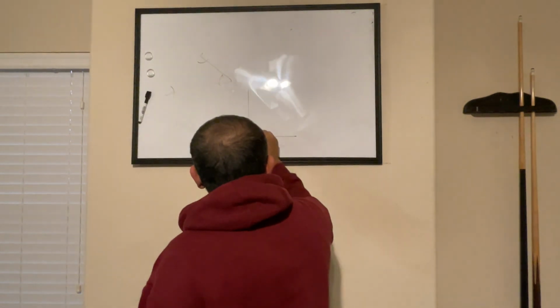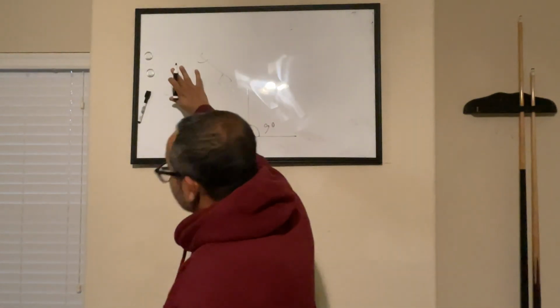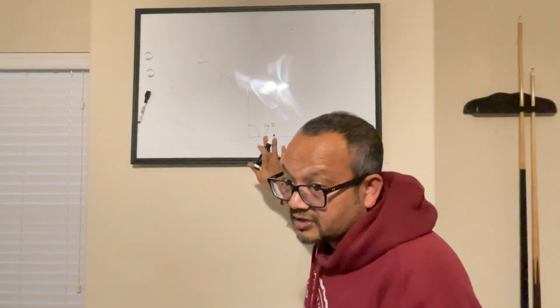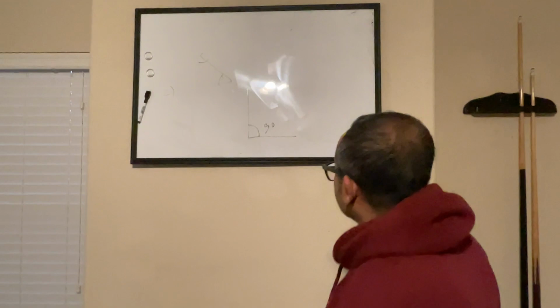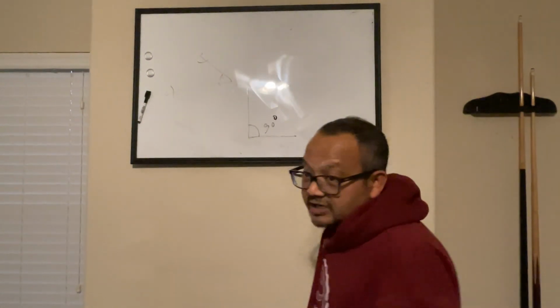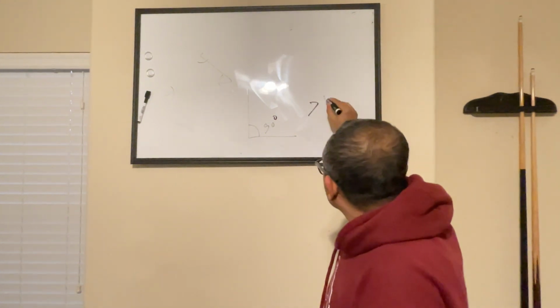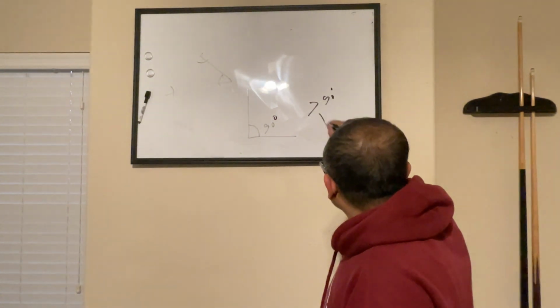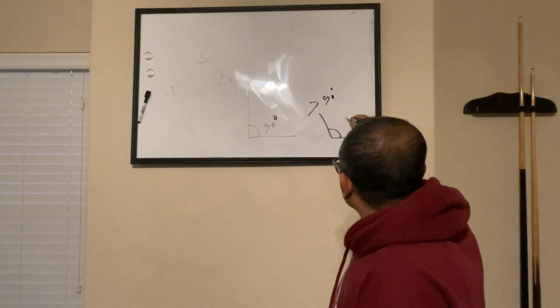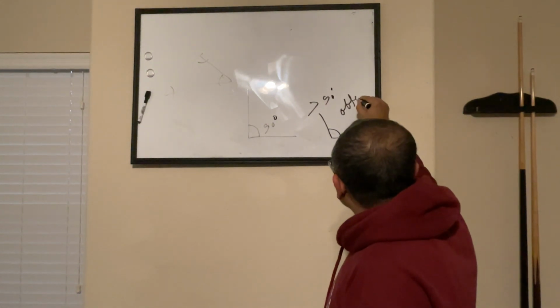If the angle is 90 degree, I'm not looking at a triangle right now, I'm just looking at angles, okay? If the angle is 90 degree, this is a right angle. If it is greater than 90 degree, meaning an angle like this, obtuse.